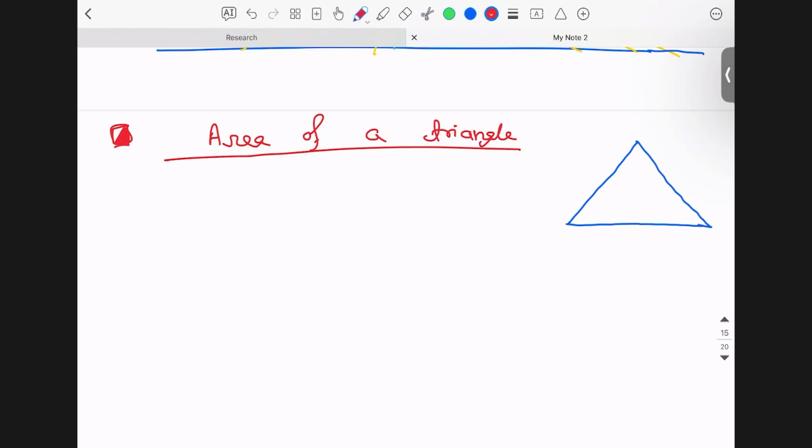It has at least three coordinates, which are the corner points of this triangle. Suppose these are x1, y1, x2, y2, and x3, y3. Now the question is, what is the area enclosed by this triangular figure?